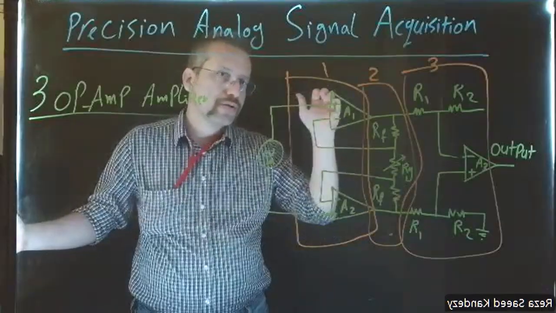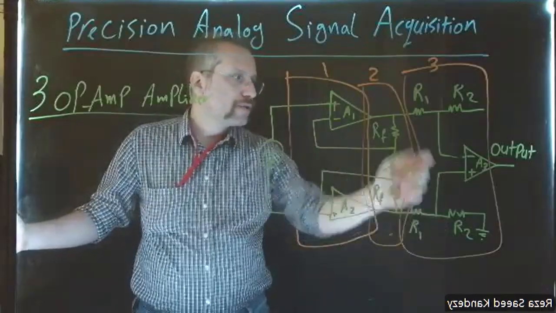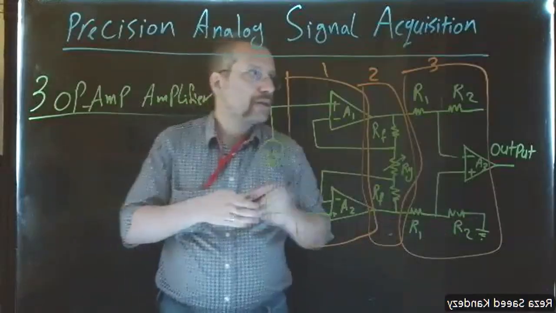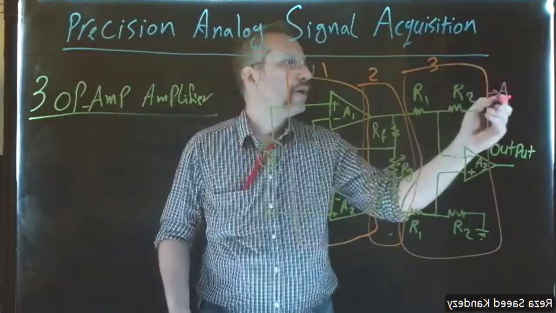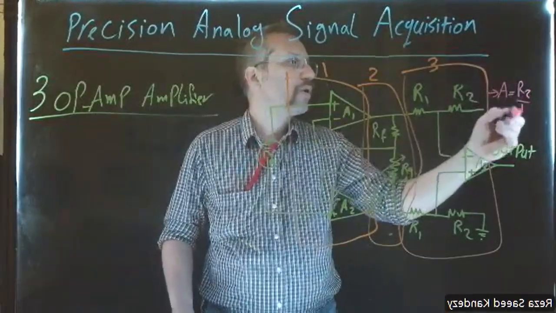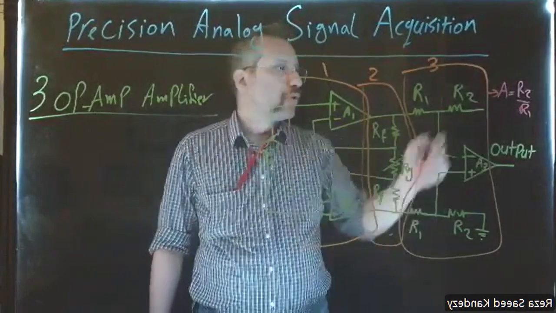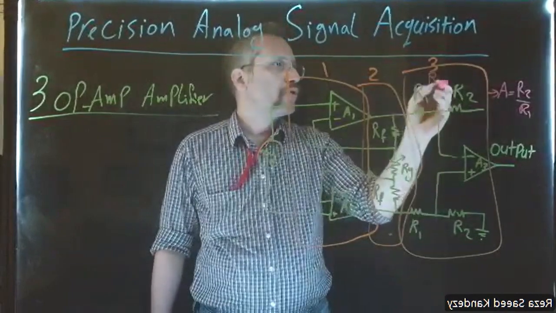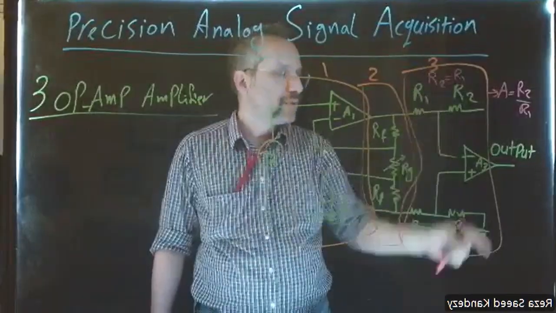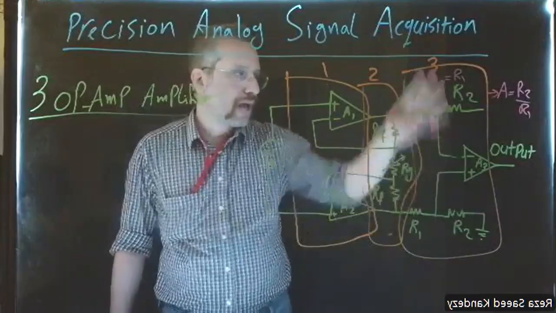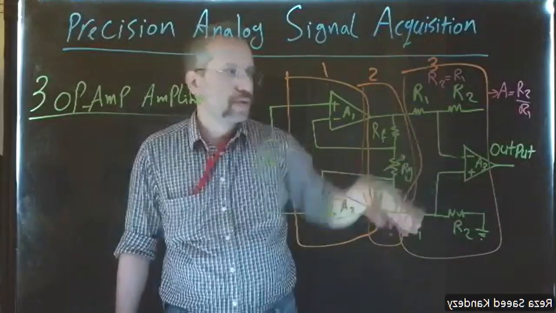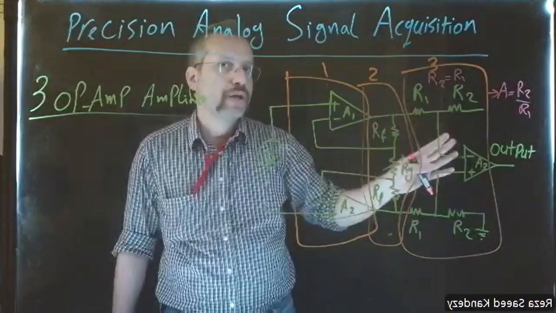If you go through the theory, the gain of such a comparator is going to be R2 over R1. So if we put R2 equal to R1, that means the gain here is 1. So we don't amplify anything in a comparator. It's a simple comparator, unity gain.